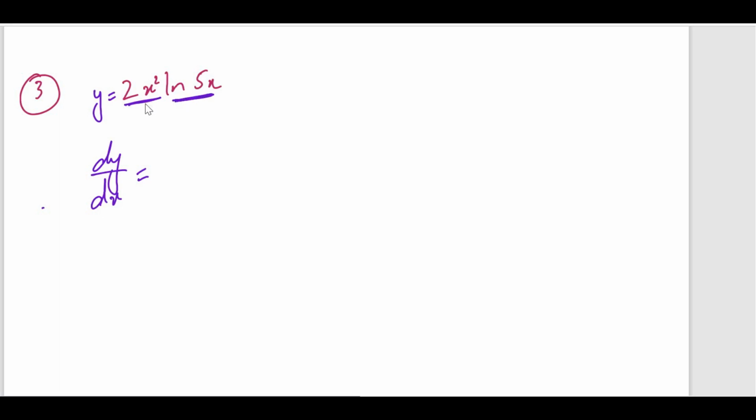The first function is an algebraic function, and the second one is a natural log. So we have to use the product rule. The product rule is first into derivative of second, that is natural log of 5x, plus second into derivative of first.